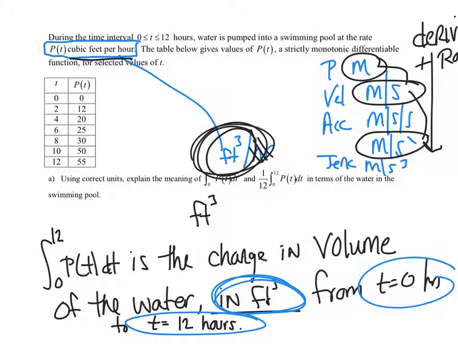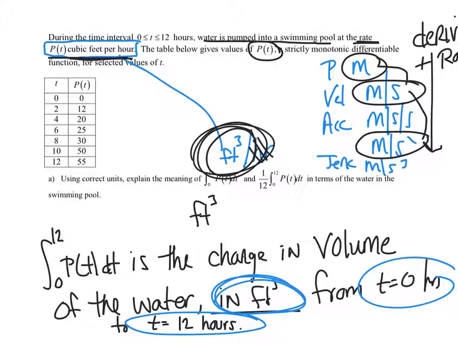So let's go back and look at what P of T is. It is the, and again it's right in here, it says it every time, you just have to read, it's the rate of cubic feet per hour that water is being pumped into the swimming pool. That is what P of T is.